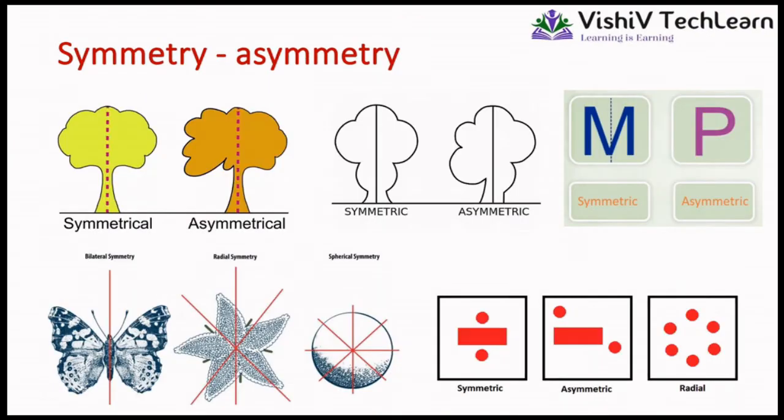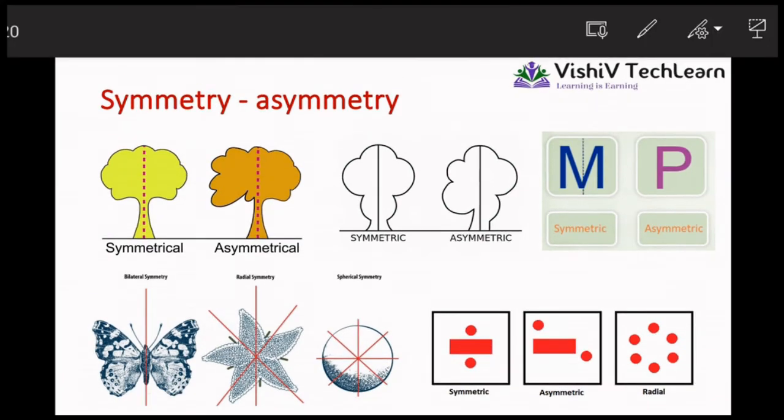Now let's go on to the next part, the table of symmetry and asymmetry. This is a very easy concept. As you can see here, symmetrical objects have an axis such that if we draw that axis, the object will be symmetrical along it.